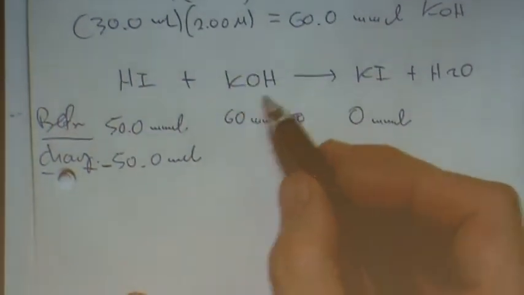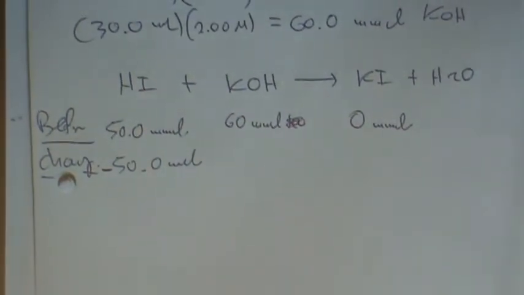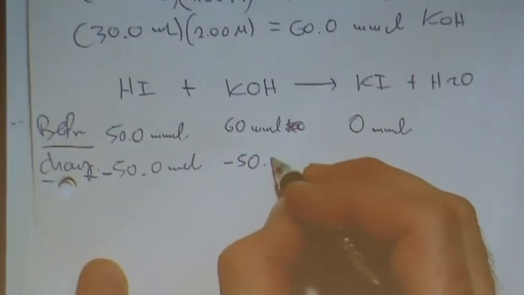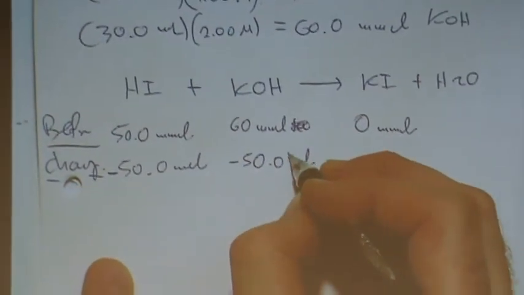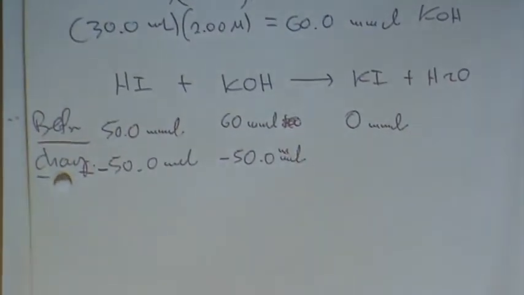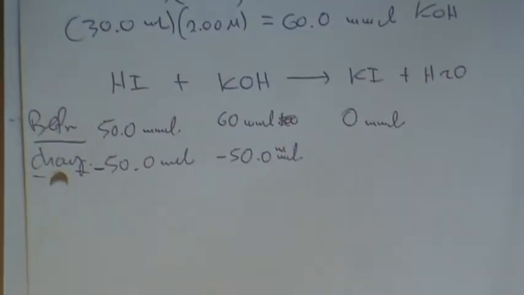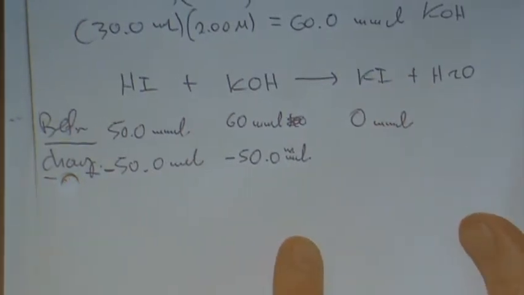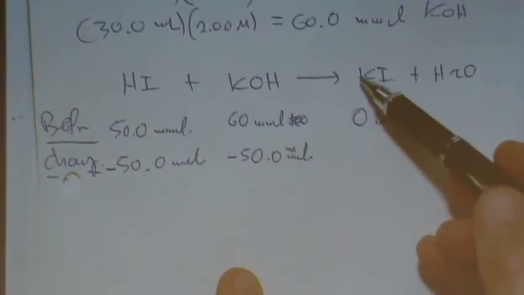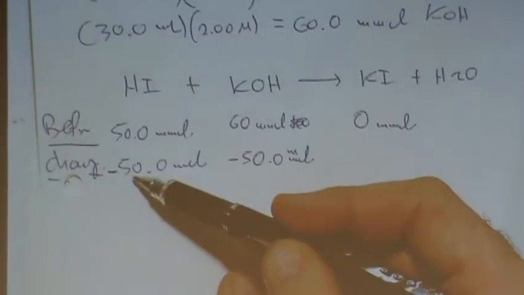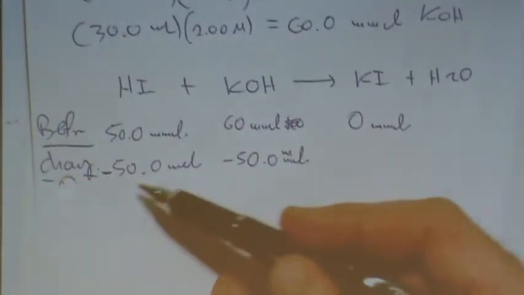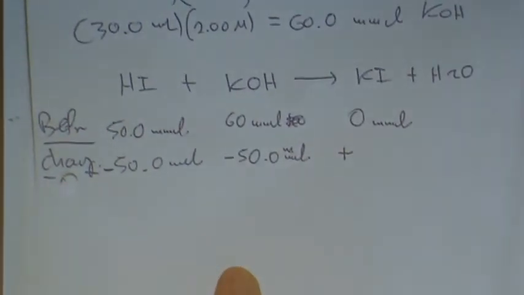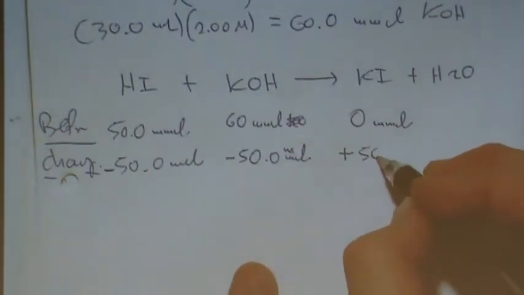They will require how many potassium hydroxide reacting with them? How many? Huh? 50 millimoles, right? 50 millimoles. And how many millimoles of potassium iodide will be produced? 1 reacts with 1 and gives you 1. 50 will react with 50. React, minus minus. And will produce, plus, because they are produced. How many? 50.